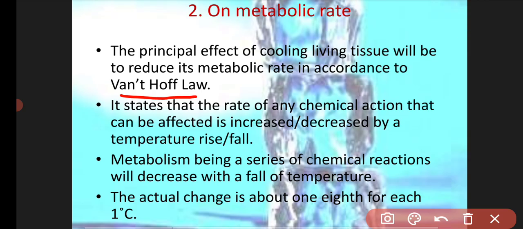It states that the rate of any chemical action can be increased or decreased by a rise or fall of temperature. The metabolism, being a series of chemical reactions, will decrease with the fall of temperature. The actual change is about 1/8 for 1 degree temperature.